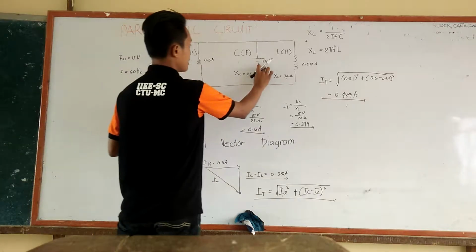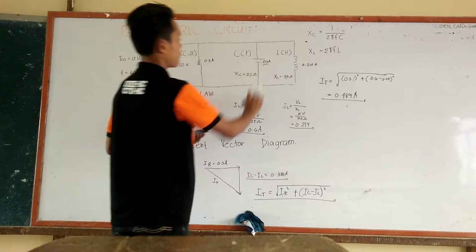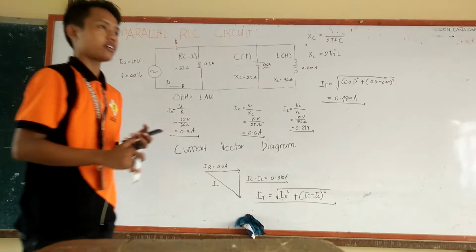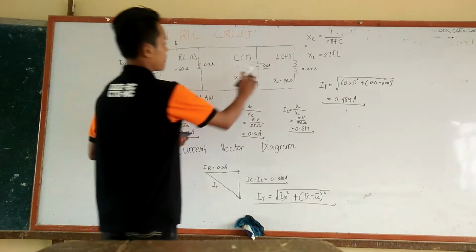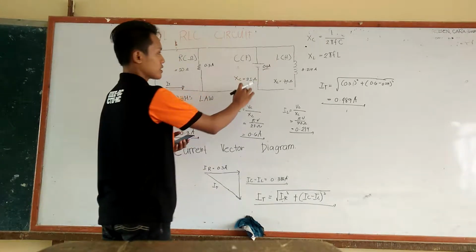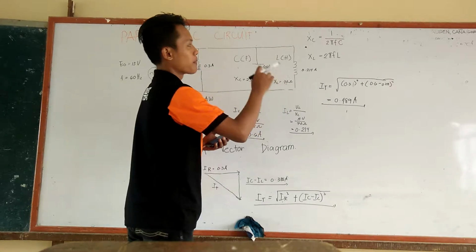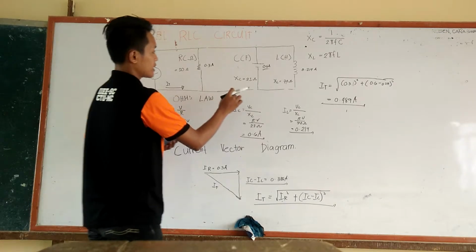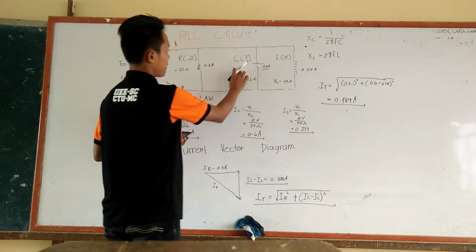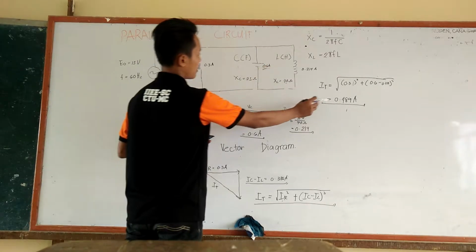That's why we have a bigger value of current in the capacitor. In reality and in physics, the collapsing and expanding magnetic field of the inductor is supplying current to the charging and discharging electric field of the capacitor. So that's why we got bigger current here than our line current.